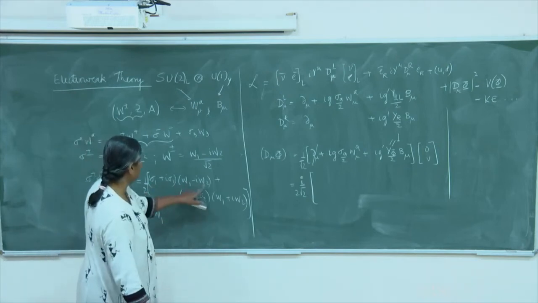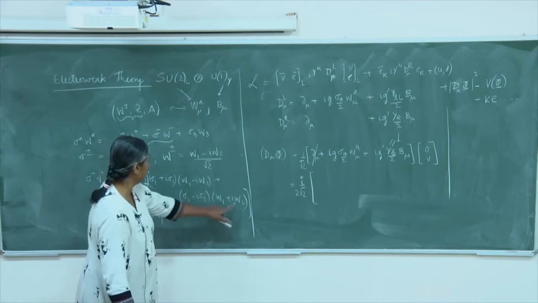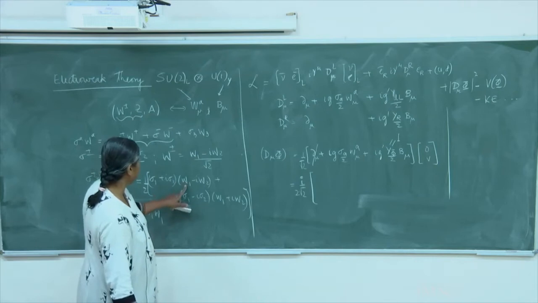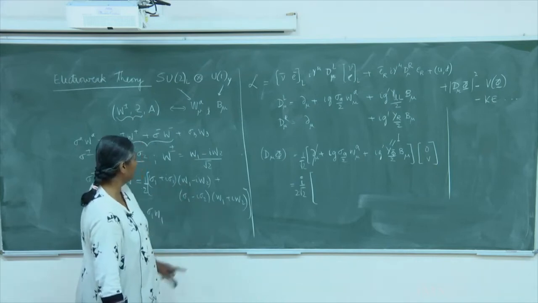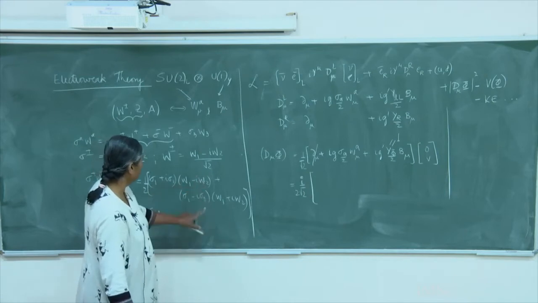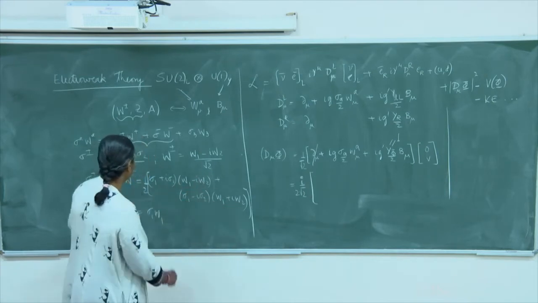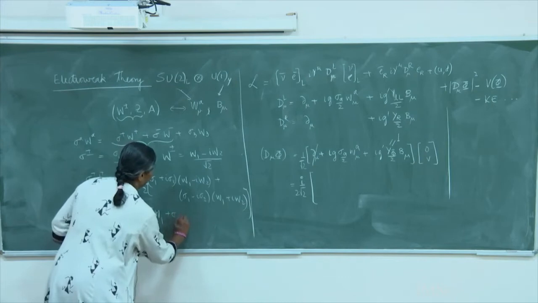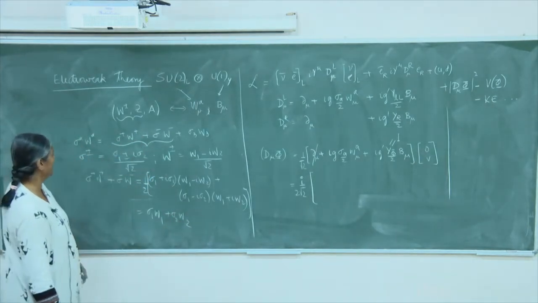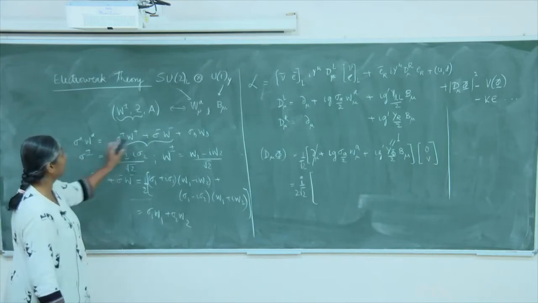Minus i sigma 1 W2 and plus i sigma 1 W2 will cancel. Then plus i sigma 2 W1 and minus i sigma 2 W1 will cancel. Plus into minus i is 1. So sigma 2 W2 plus sigma 2 W2 by 2 is sigma 2 W2. So this is nothing but sigma 1 W1 plus sigma 2 W2. Okay. So I can write it like this.